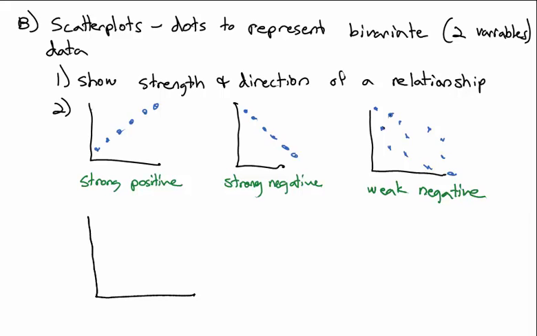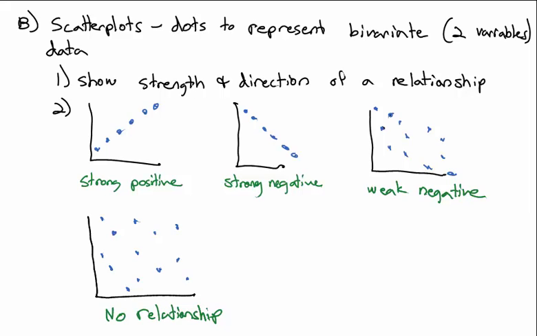In fact, it can get so extreme that you start to see data like this. And there, it's not positive or negative. It's very weak. In fact, we will say there is no relationship between the x's and the y's. They're completely random.